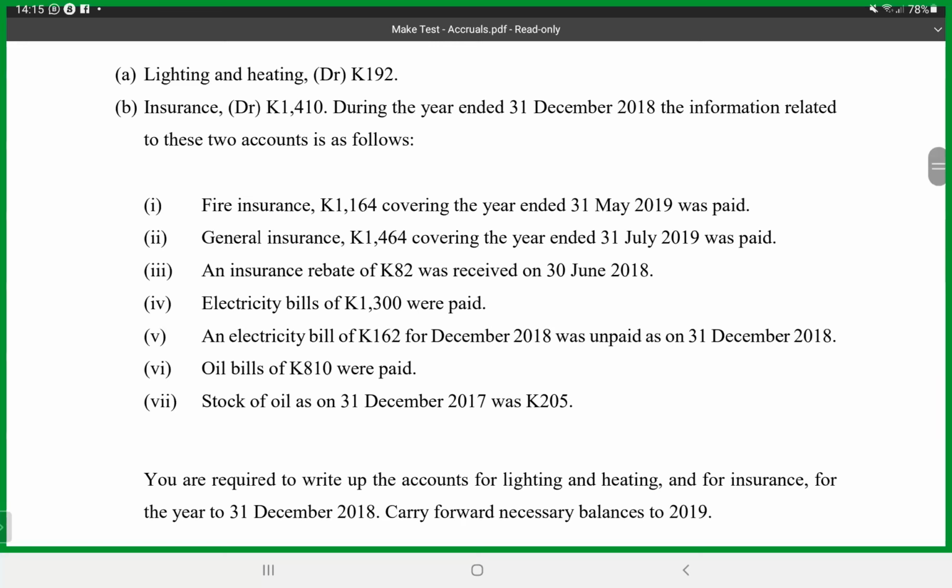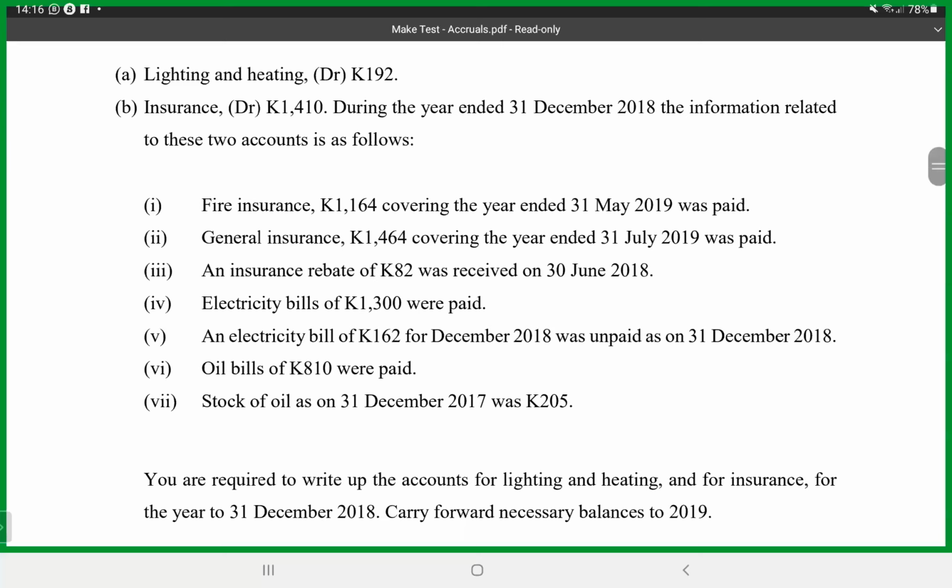So this is an example of a prepayment. Being an example of a prepayment, it means that these people did pay already in advance. Since they already paid in advance, what are we supposed to do?